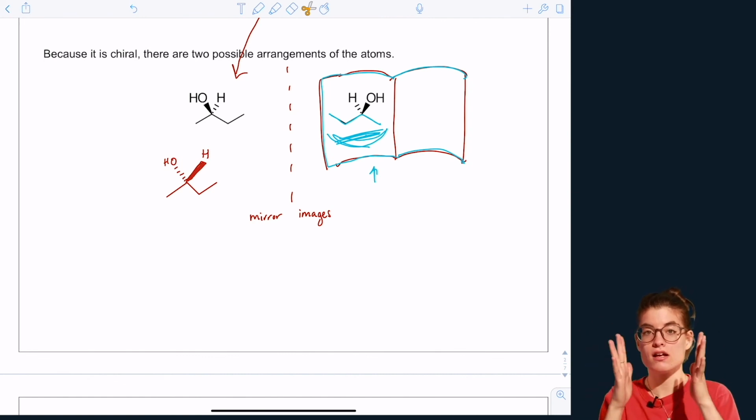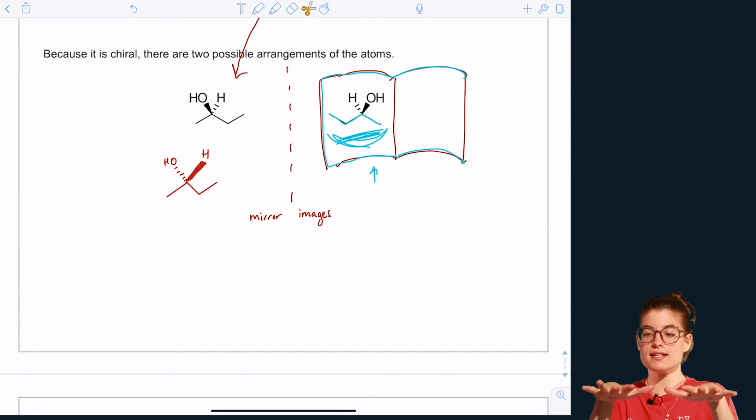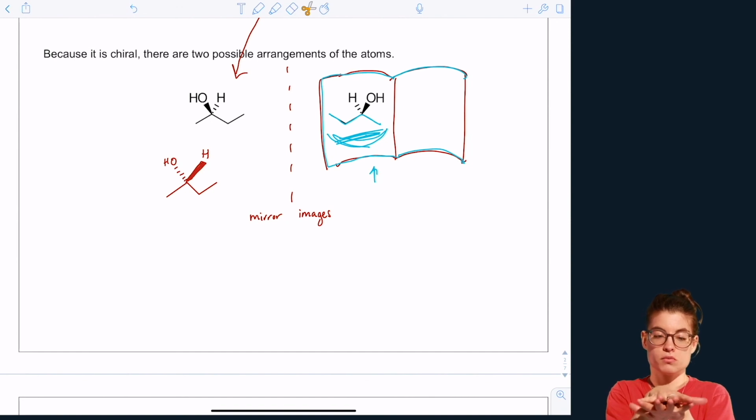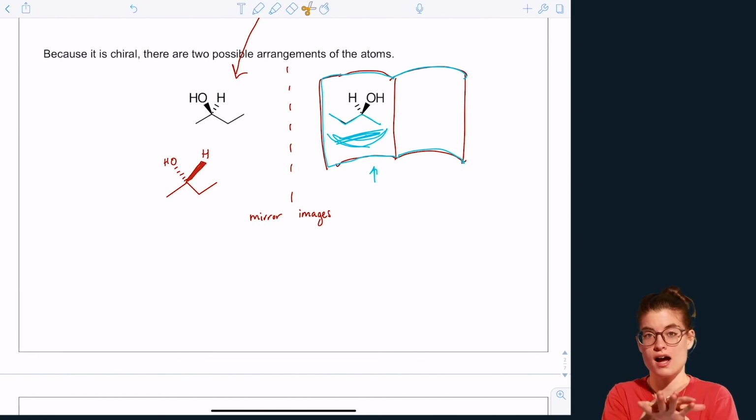My hands are a good example. These are mirror images, but if I try to superimpose them on each other, my thumbs will be overhanging. They are mirror images, but they are not superimposable because they do not occupy the same space.